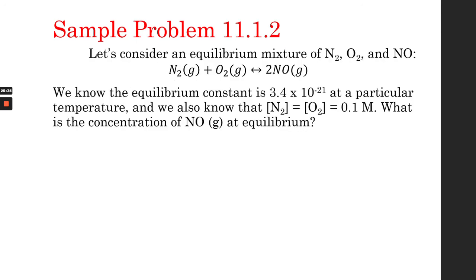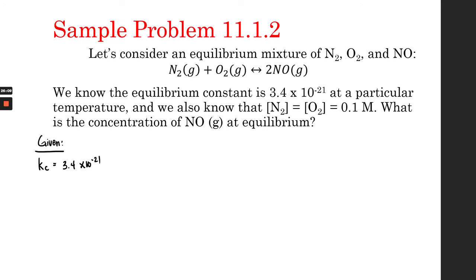Now let's try another sample problem. Let's consider the equilibrium mixture of N2, O2, and NO. We know the equilibrium constant, so in this case, let's write our given. As for our problem, they already gave us our Kc, so we're not solving for Kc. Our Kc is 3.4 times 10 raised to negative 21 at a particular temperature. At a constant temperature, we cannot change this temperature, otherwise this would change.